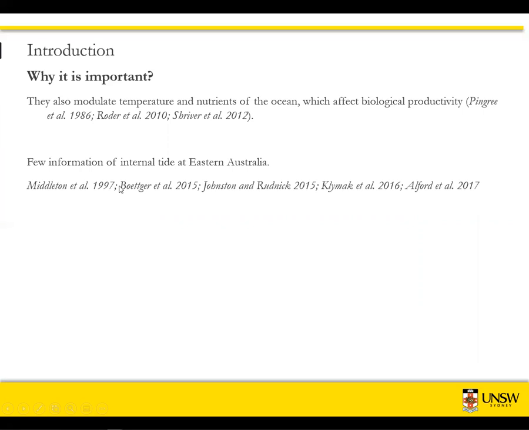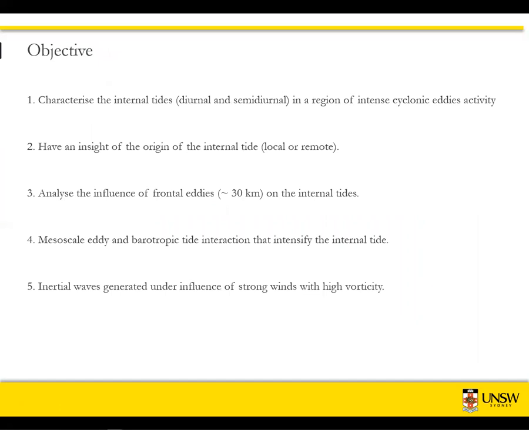And few studies occur. We have little information about the internal tides in Eastern Australia. So that's the motivation of our study. First, we characterize the internal tides and separate them into diurnal and semi-diurnal. Second, we get an insight into the origin of the internal tide, whether it is local or remote.